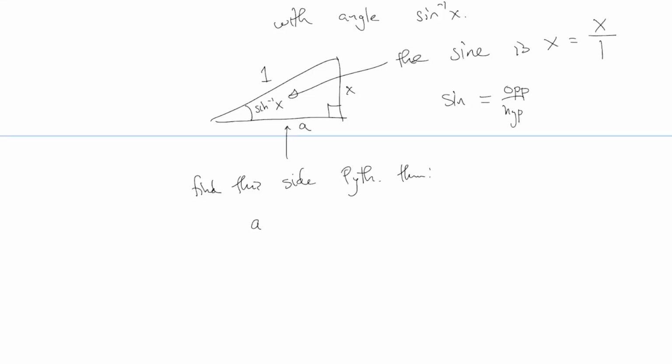It would say a squared plus x squared equals 1 squared, right? These are the two sides and the hypotenuse. And then that can be solved for a. I would subtract x squared. a squared is 1 minus x squared, and then take a square root. All right? So that's what the side on the bottom is.